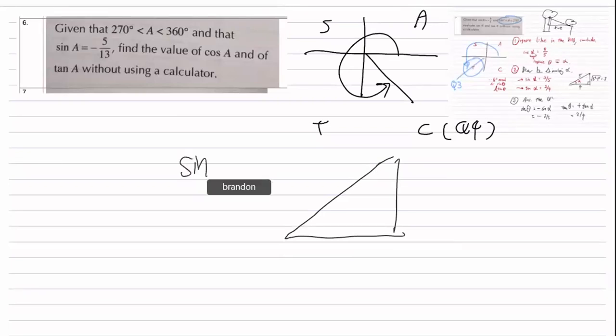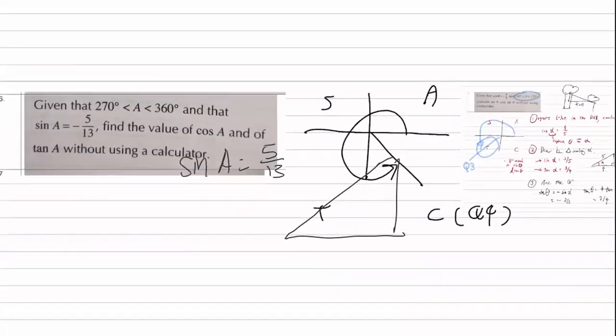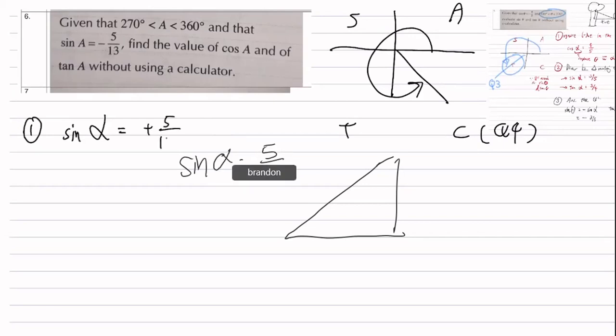Assume positive. Not just that. Ignore the negative and replace the A with alpha. So sine alpha equals positive 5/13. Very good.